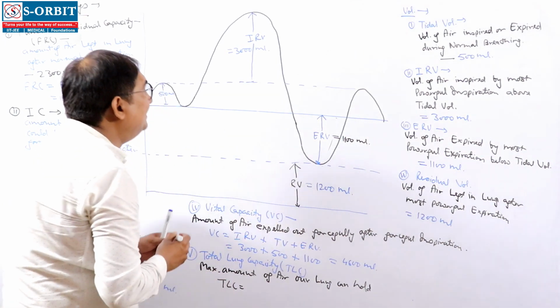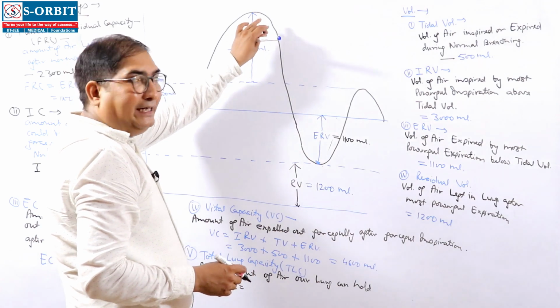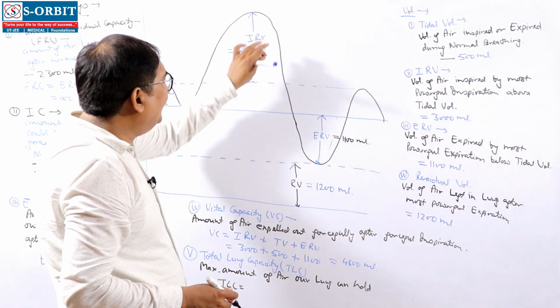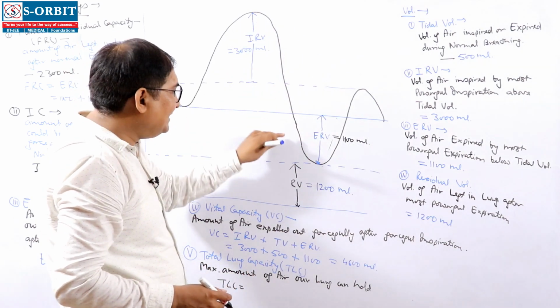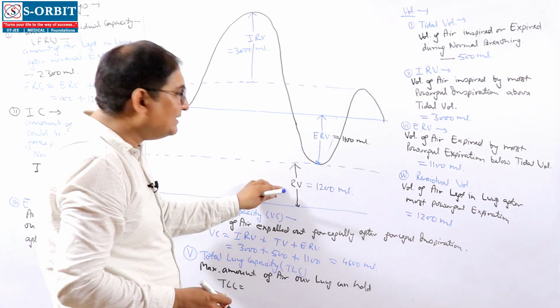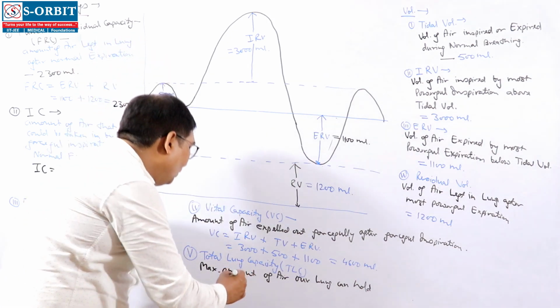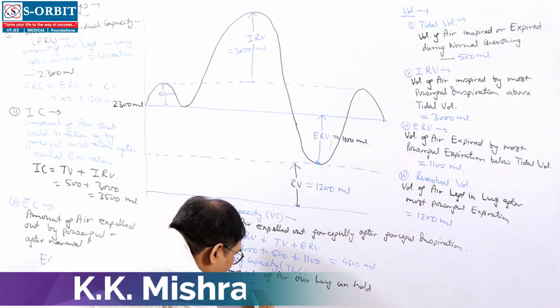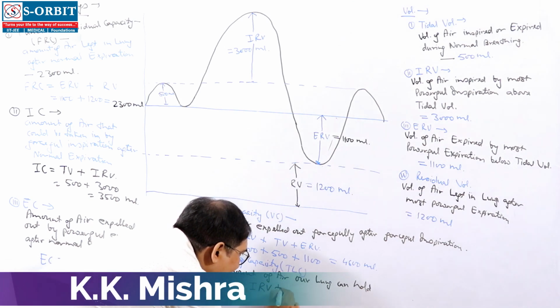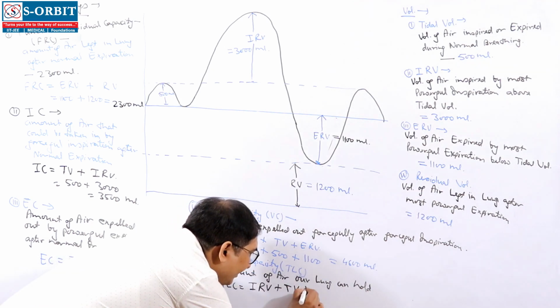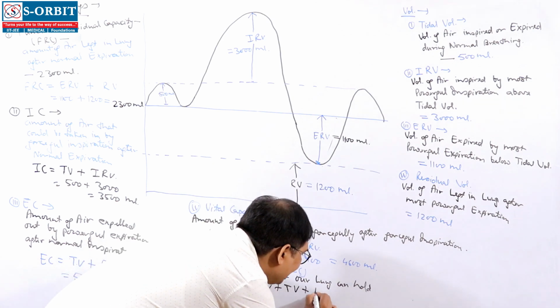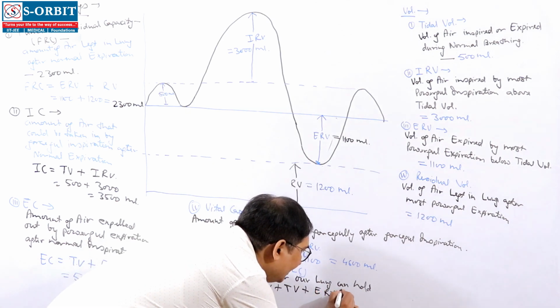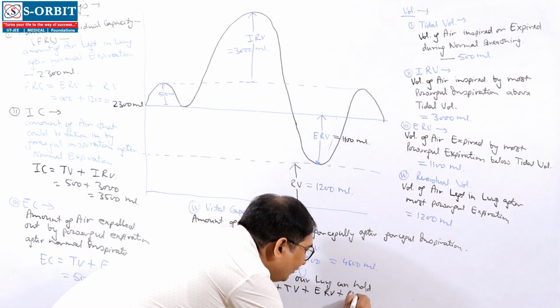TLC equal to inspiratory reserve volume, IRV, plus tidal volume plus expiratory reserve volume and plus residual volume. So TLC equal to IRV plus tidal volume plus expiratory reserve volume plus residual volume.